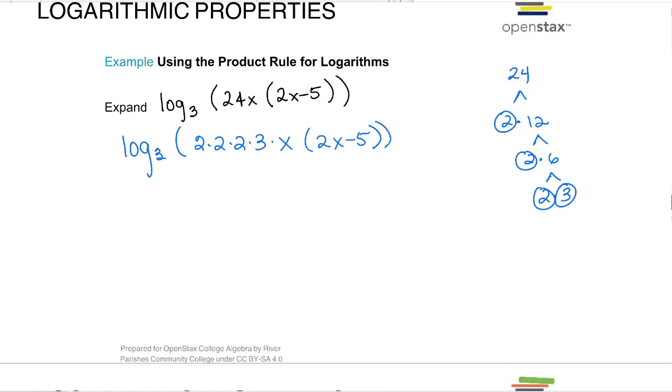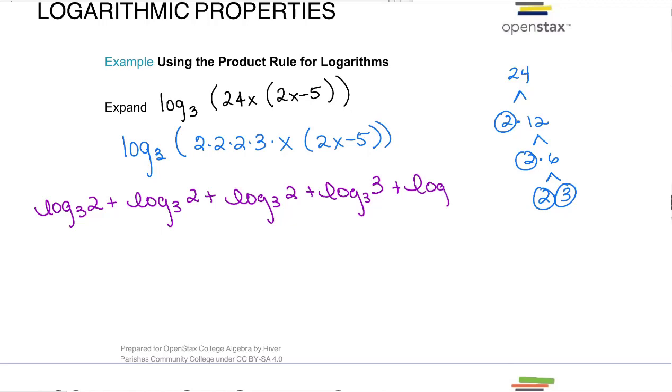So we can write this as the sum of the individual logarithms. So this is log base 3 of 2 plus log base 3 of 2 plus log base 3 of 2 plus log base 3 of 3 plus log base 3 of x, plus log base 3 of 2x minus 5.